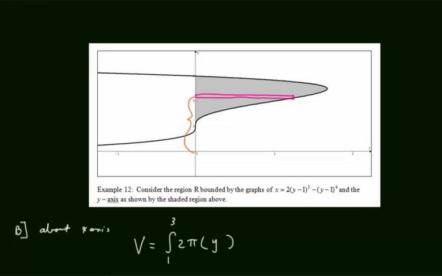And then the height of that rectangle, now the rectangle is on its side, but the height of the rectangle is the function itself, 2y minus 1 cubed minus y minus 1 to the 4th. That whole thing is the height of the rectangle, and then the thickness of each of those rectangles is dy.